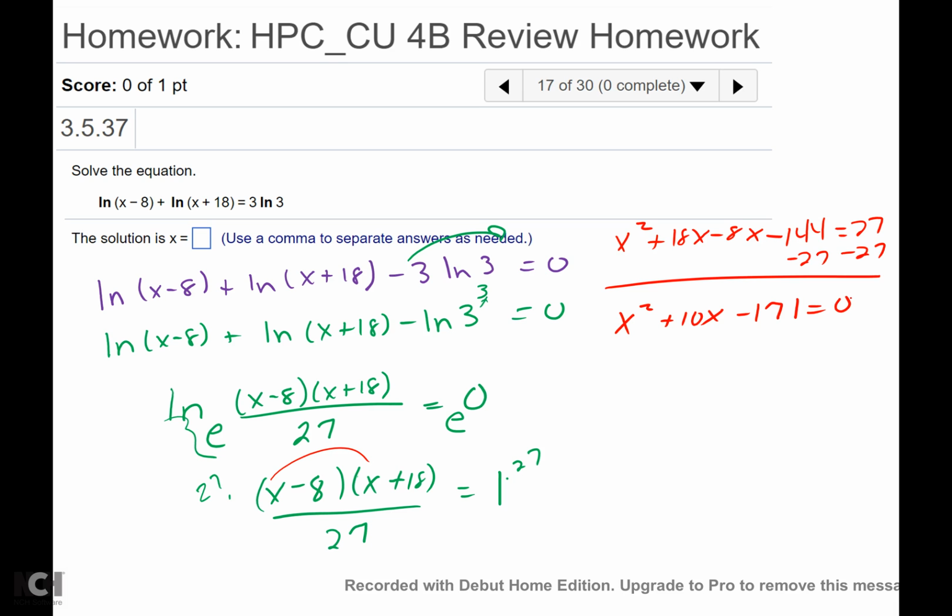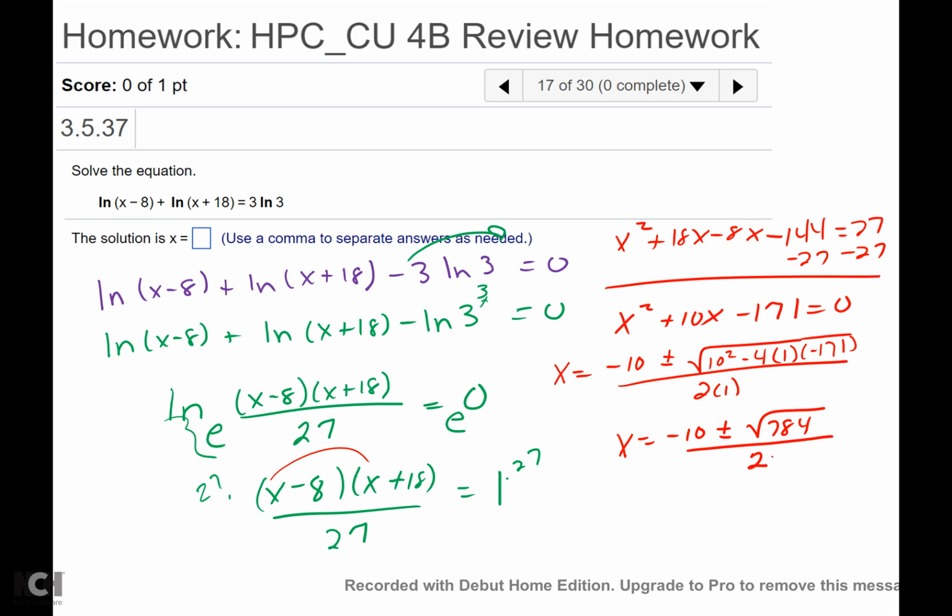And then I can solve this using quadratic formula. So x equals negative b plus or minus the square root of b squared minus 4 times 1 times c, all over 2 times 1. Let's see, 100 plus 4 times 171 is 784. So I have x equals negative 10 plus or minus the square root of 784 all over 2.